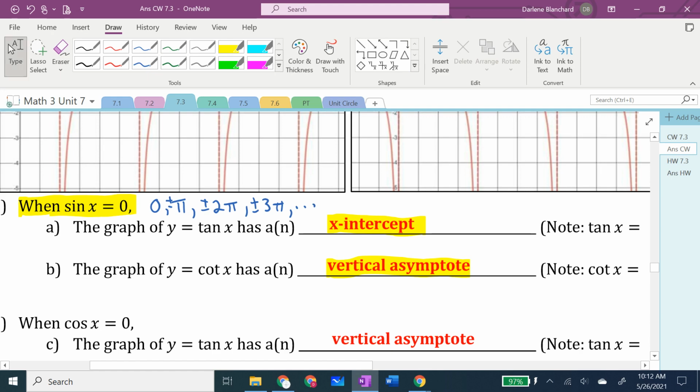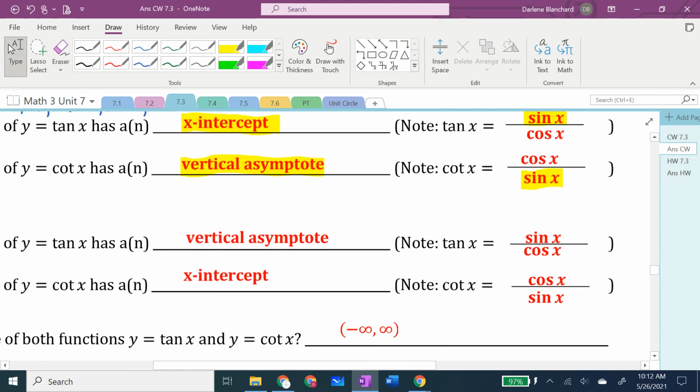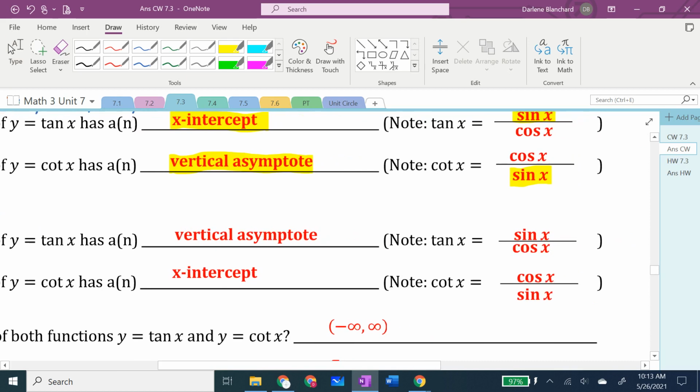Then when cosine is equal to 0, tangent has cosine for its denominator. That's going to create vertical asymptotes when cosine is equal to 0. Cosine is the numerator for cotangent, so that's going to provide x-intercepts.